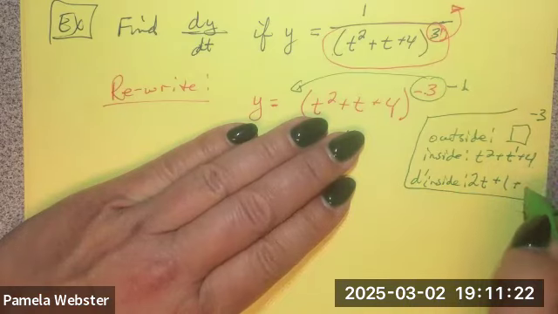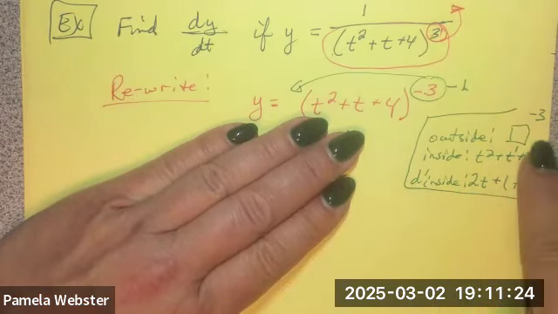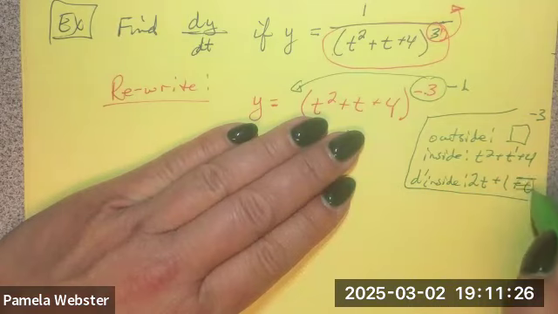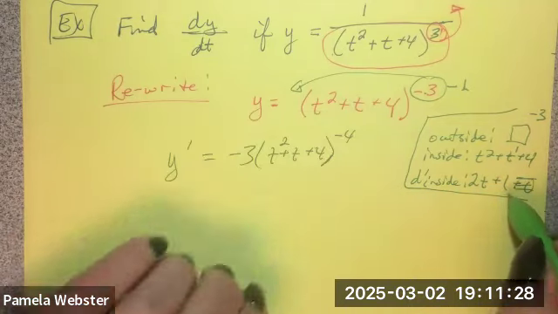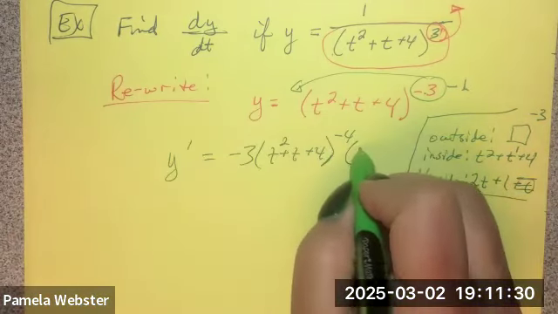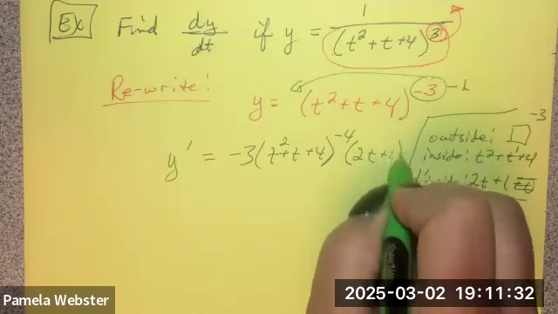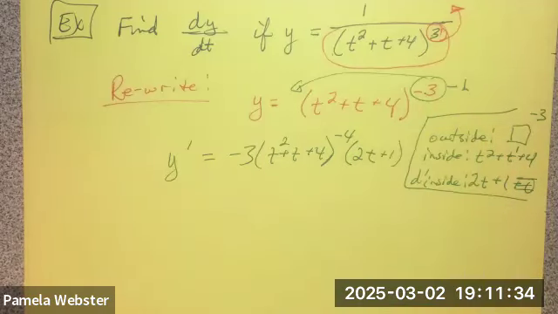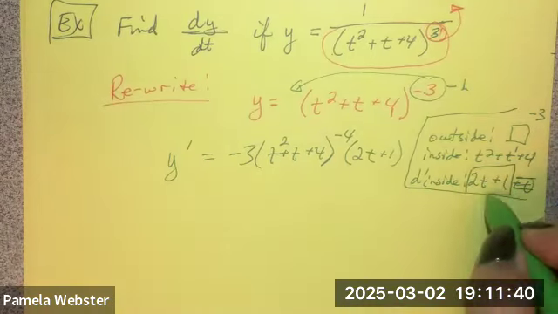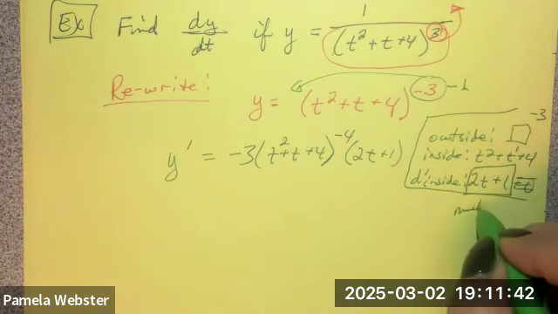Plus, what's this guy? 0, right? So we don't care about that. So this is just 2t plus 1, but it is a binomial, right? This is the first time I've had that. So I need to put it in parentheses because it's this entire thing being multiplied, right?